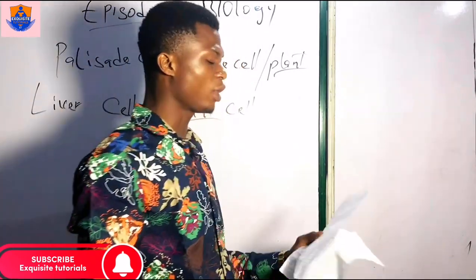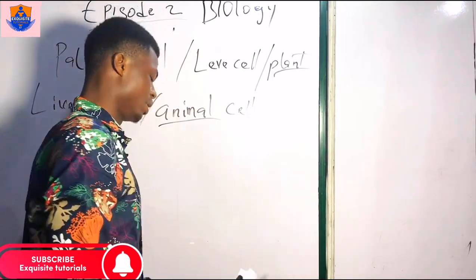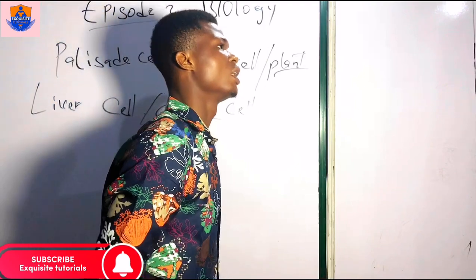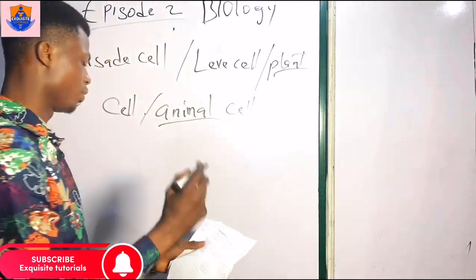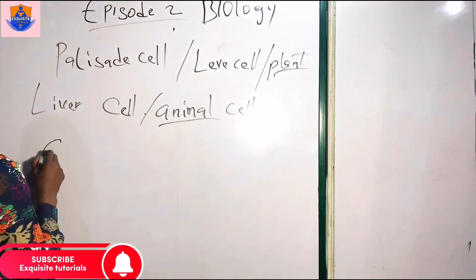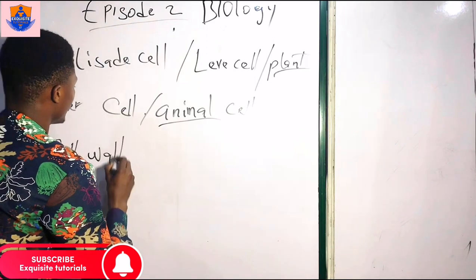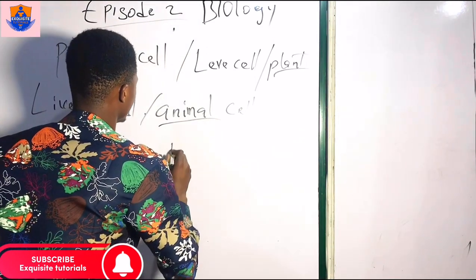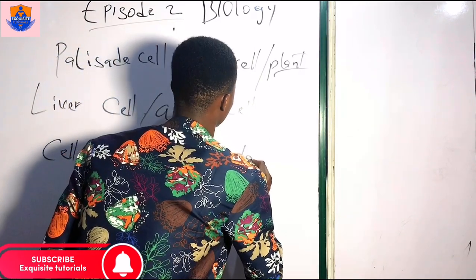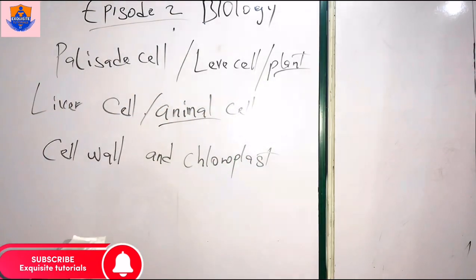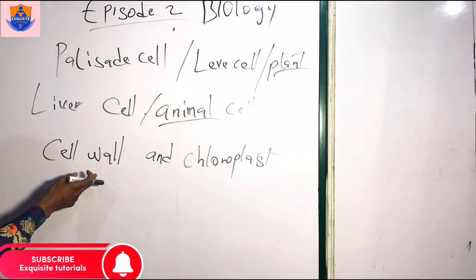And in the first question, I gave us components of the cell. Now, the difference between a plant cell and animal cell is the presence, they are talking about the plant cell, of a cell wall and chloroplast. Plants have cell wall, animals do not have cell wall.